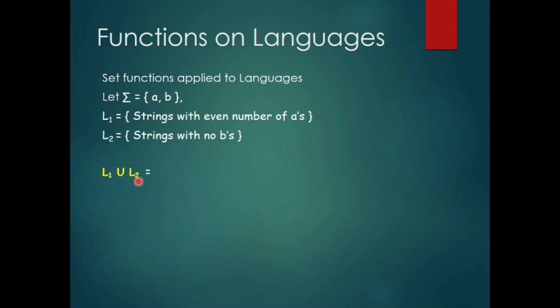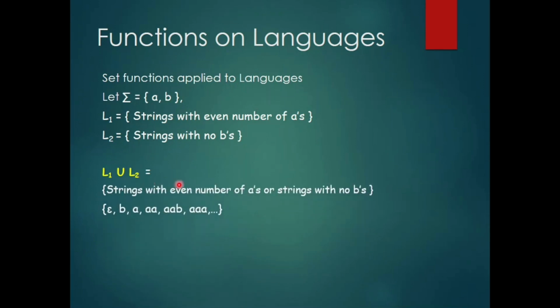L1 union L2. So what would be the answer for this? L1 union L2 basically says that strings from either L1 or L2 are valid, isn't it? So I can have a string with an even number of A's, that is from L1, or strings with no B's, and this is a valid example for L1 union L2, right? Epsilon, B, A, AAB, etc.